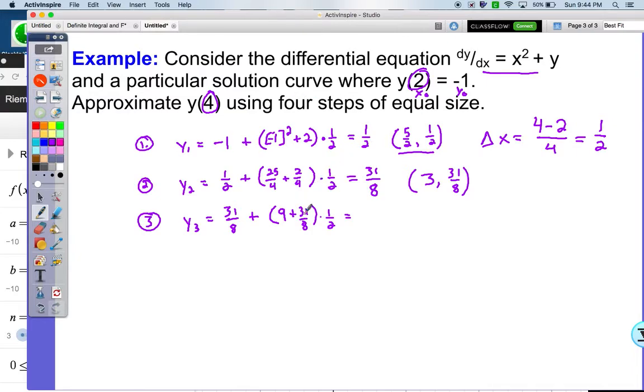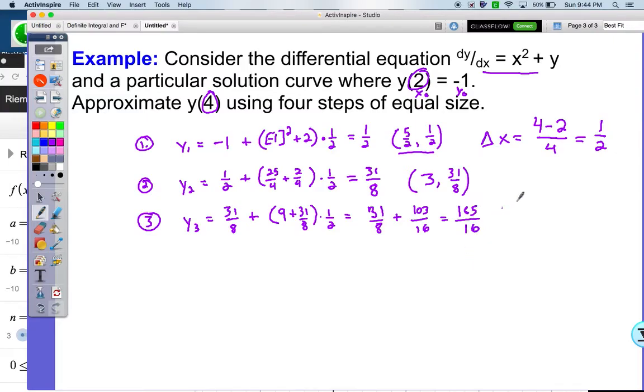So 72 plus 31 would give me 103 over 8. 31 over 8 plus 103 over 16. I'll multiply by 2 on top and bottom here. That gives me 62, so I have 165 over 16.